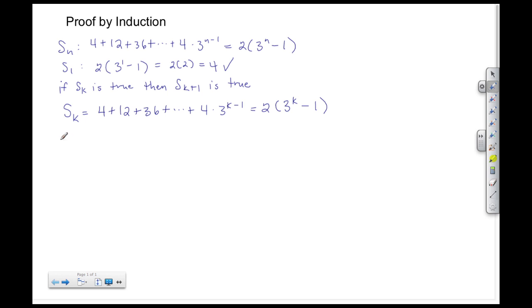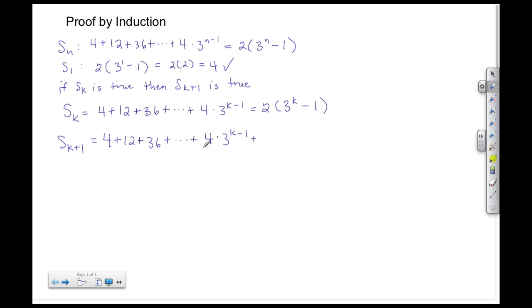Now I'm going to rewrite this using the k plus 1 term, meaning finding the term that comes after this last term. So let's begin by restating 4 plus 12 plus 36 plus ellipsis. This was previously the last term, but now I want to write the next term that comes after it.